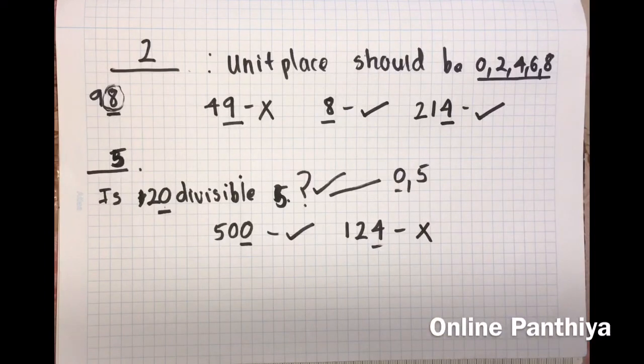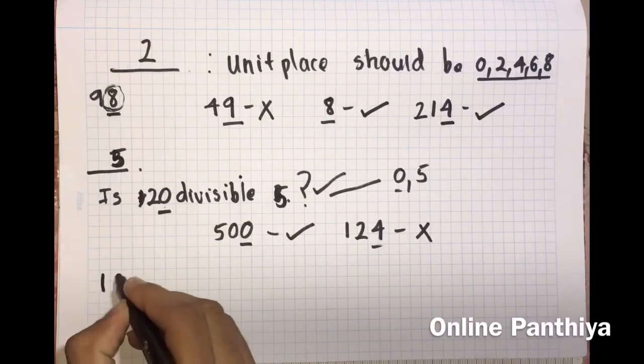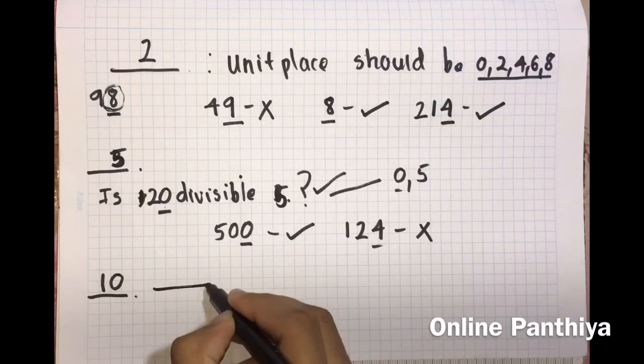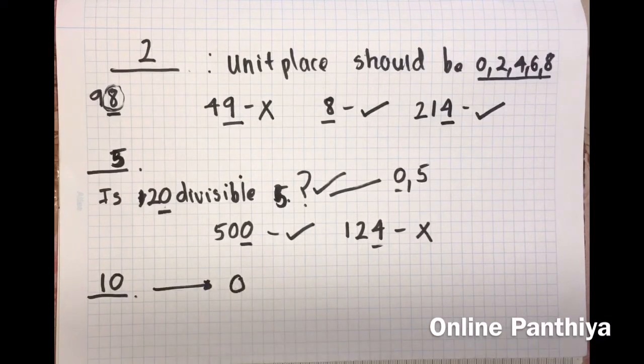So the last one. How do you check if a number is divisible by 10? That is very easy. In order to check if a number is divisible by 10, the last number should always be 0. Last number means the number at the unit place. For example, 100. Is 100 divisible by 10?